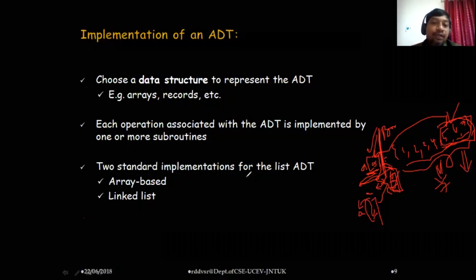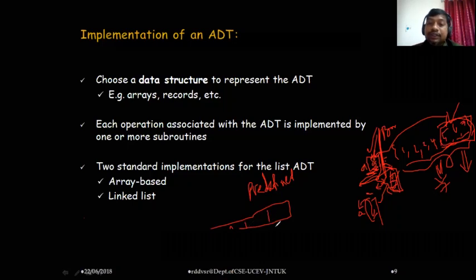Another problem with the array implementation is that the size is predefined. In this particular case I have given size 5. That means your compiler will allocate only 5 contiguous memory locations.